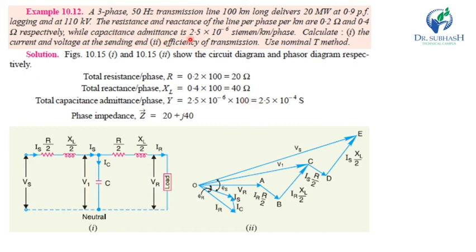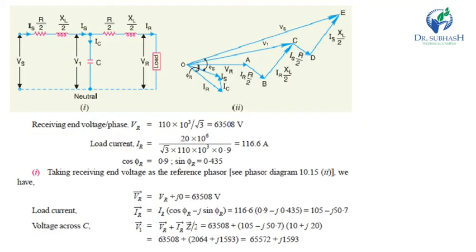Now we have 20 megawatts of delivered power, which means our receiving end power, and 0.9 power factor, which is the receiving end power factor. Now we calculate. First of all, VR is 110 kilovolts, meaning 110 × 10^3, and dividing by root 3 we get the phase value of VR.